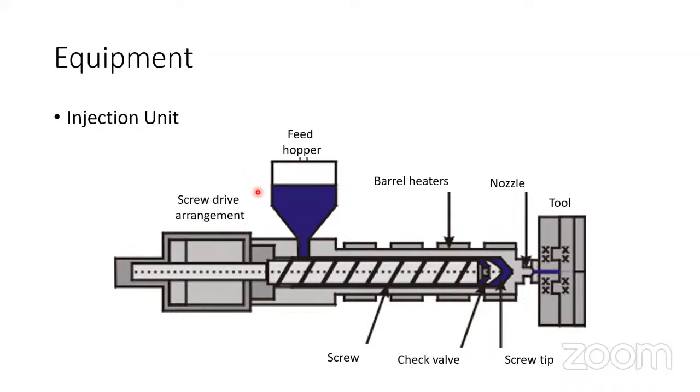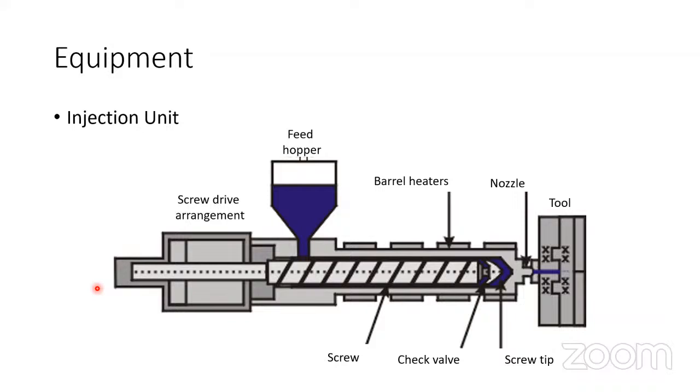First, we will see the screw drive arrangement. Here, a motor is attached to this screw, the shaft of the screw. It is attached with the help of some gear systems, which will reduce the speed of the screw.